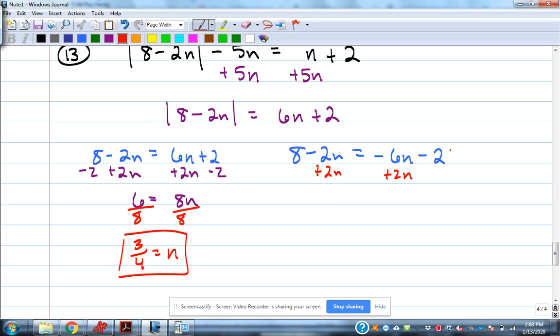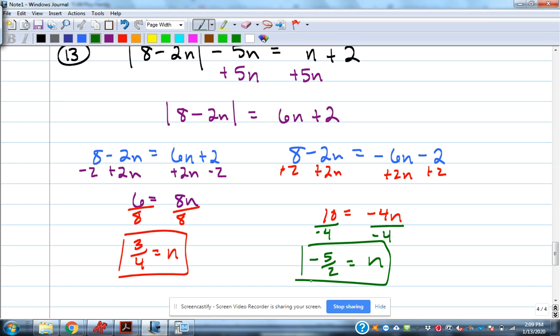And then I'm going to go ahead and add 2 at the same time. So 10 is equal to negative 4n. Divide by negative 4. Negative 5 over 2. Yeah.